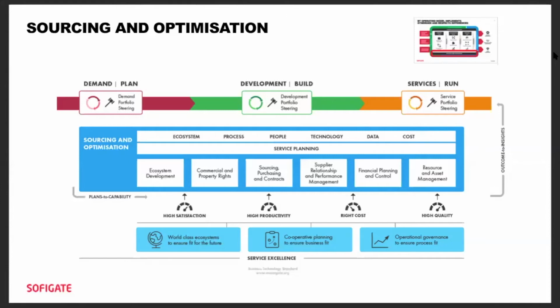The second one is around how we manage the sourcing and purchasing contracts. And in order to do that to an excellent business and user satisfaction, we need to have control over the total cost of ownership as part of this discipline.